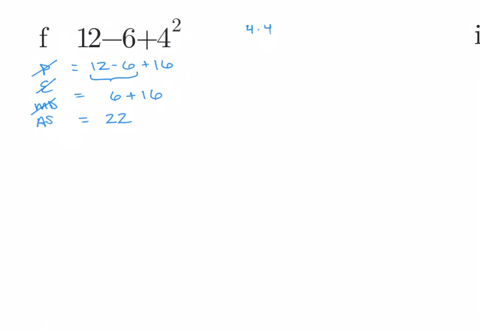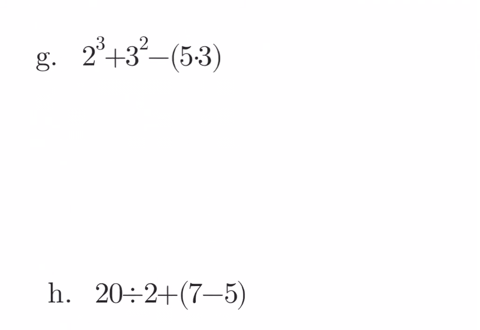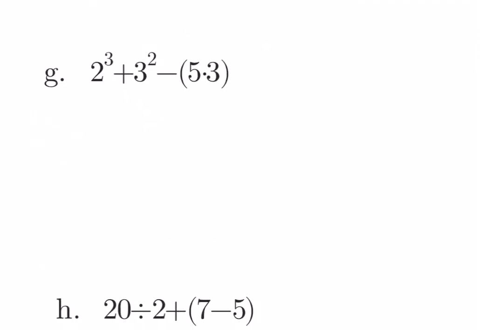All right, just a couple more. All right, let's see what we can do for example G. We start with parentheses. We have inside the parentheses 5 minus 3.